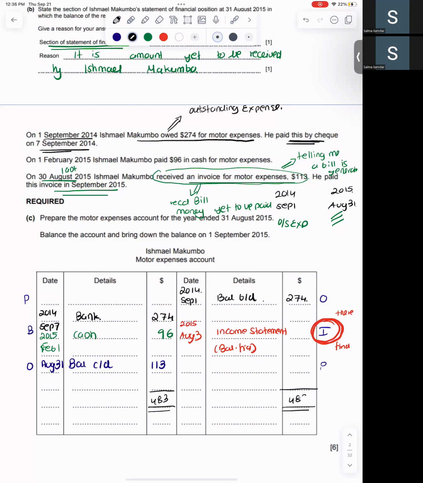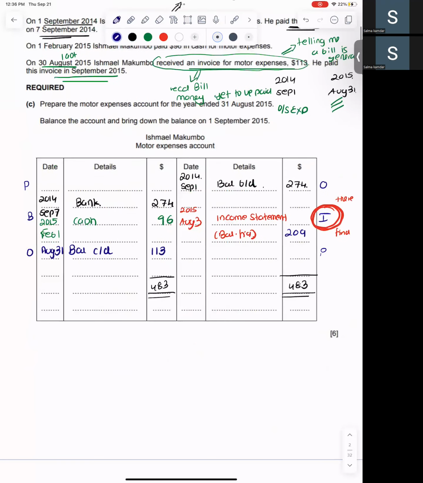From the 483, I'm going to deduct this 274. So it will become 209. This is my balancing figure. Do not forget to bring this balance down on the first day of the next year. So on the first date of the next year, I will bring this balance down and it will become 113.